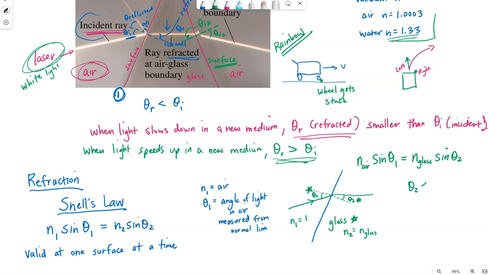But theta 2 is less than theta 1 because N of the glass is greater than N of air.